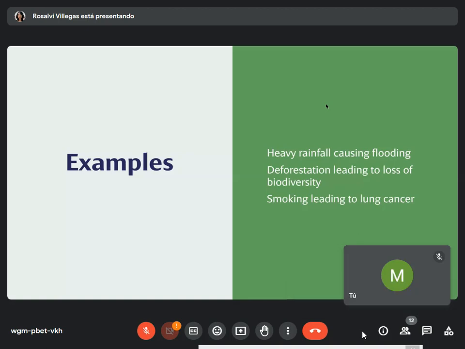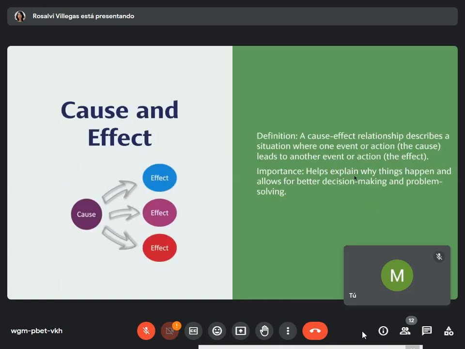Obviously, smoking leading to lung cancer, I think this is really important to all of us. If you start smoking, you probably are going to get lung cancer. So this is something we have to keep in mind when making this type of decisions.